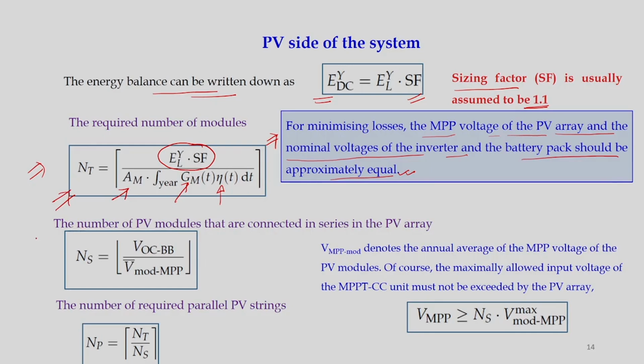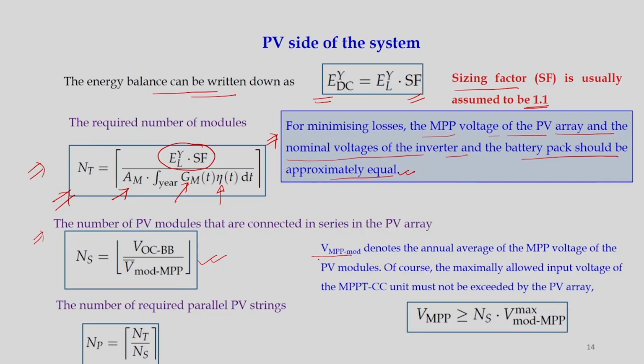Again, if we are interested to know the number of PV modules to be connected in series, then we need to follow this rule, like V_OC to the V bar mode MPP.